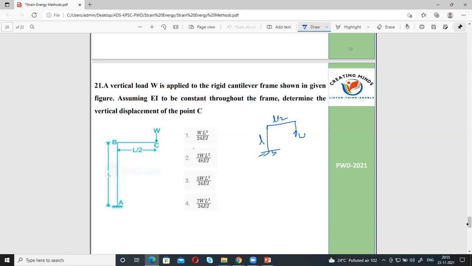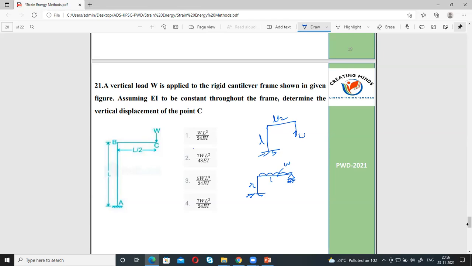So look at some cases and remember this. Instead of a point load, they may give a UDL, and also they may give QL as well as L. So in this case, you have to take the axial deformation.